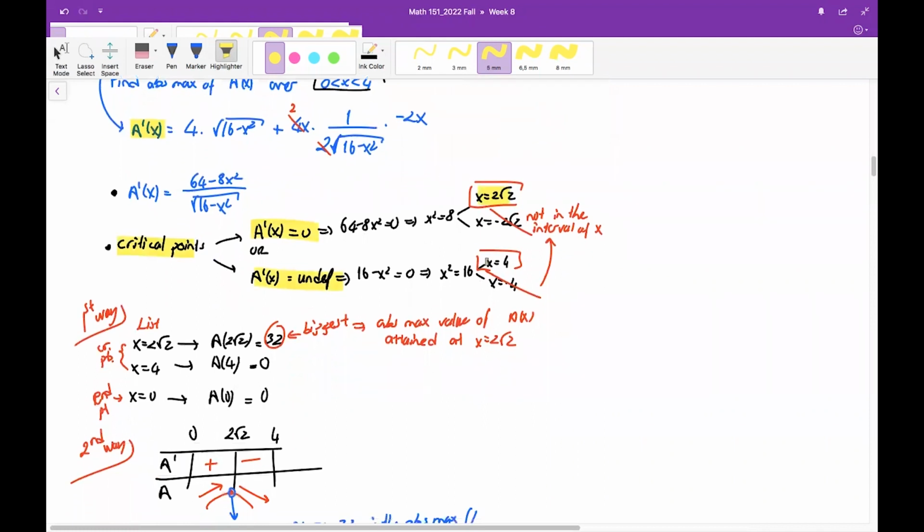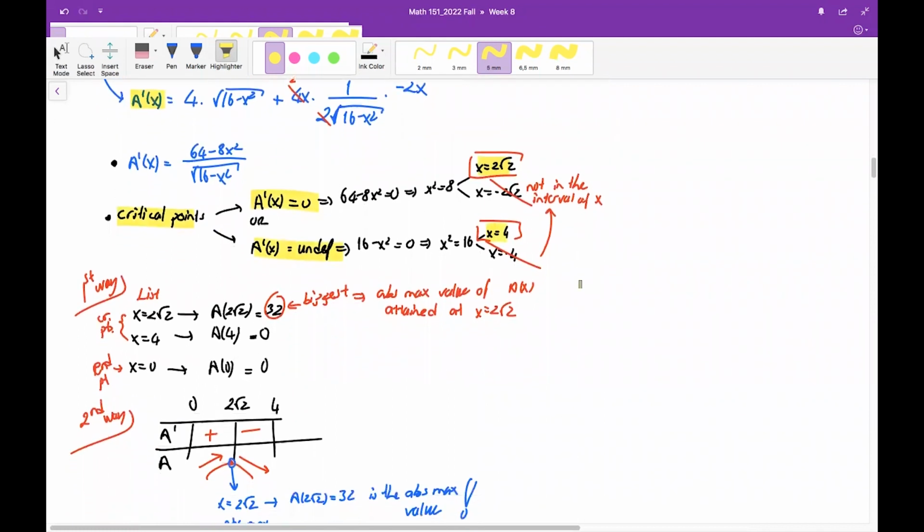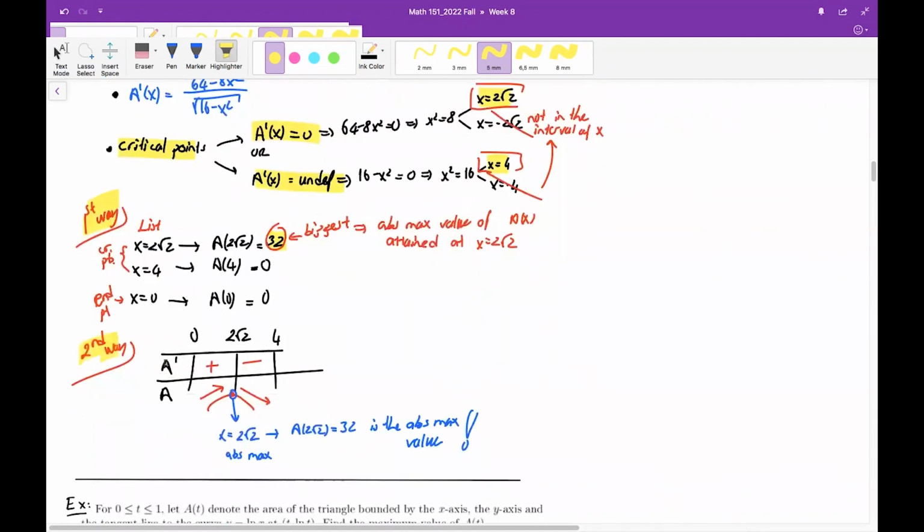After you find critical points, you can then prove that there is an absolute maximum or minimum, depending on the question, by using these lists and evaluating your function at all the points on your list and choosing the biggest one. This is one way. Or you may create a sign table for your first derivative function, which will prove for you that at some critical point, the absolute maximum value occurs.